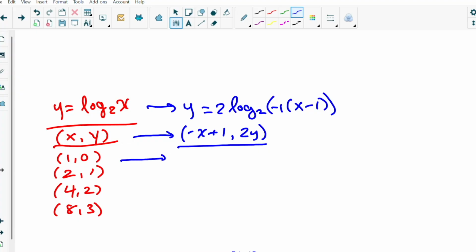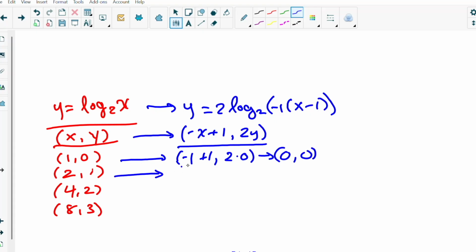And that becomes -1 plus 1, comma, 2 times 0, and that becomes 0, 0.